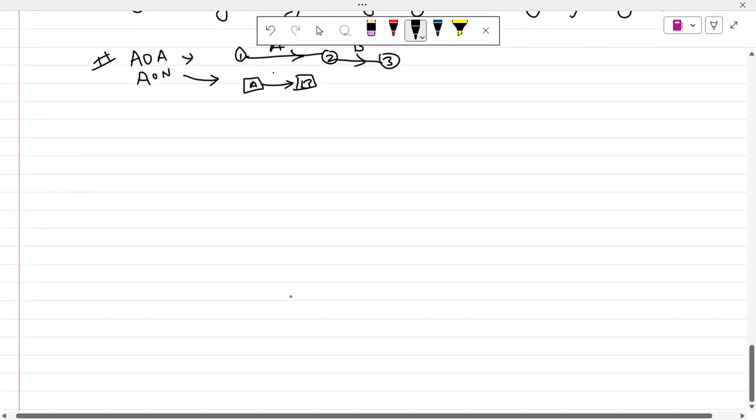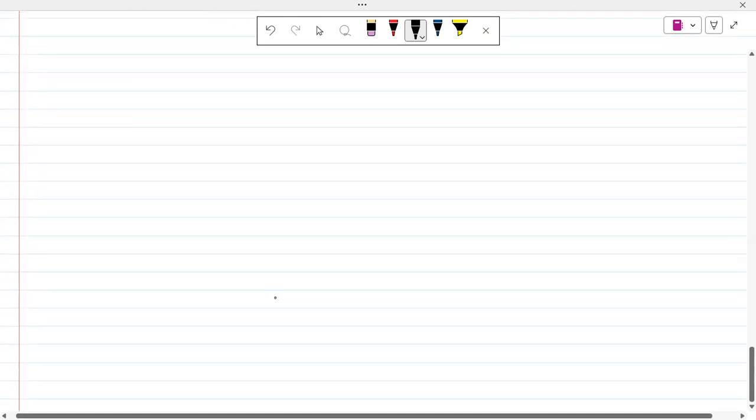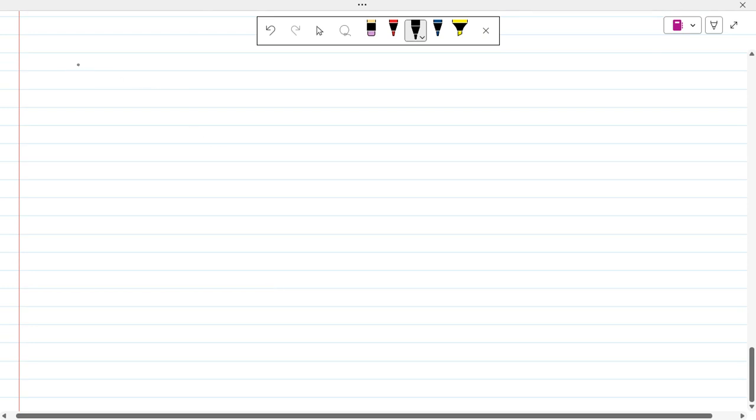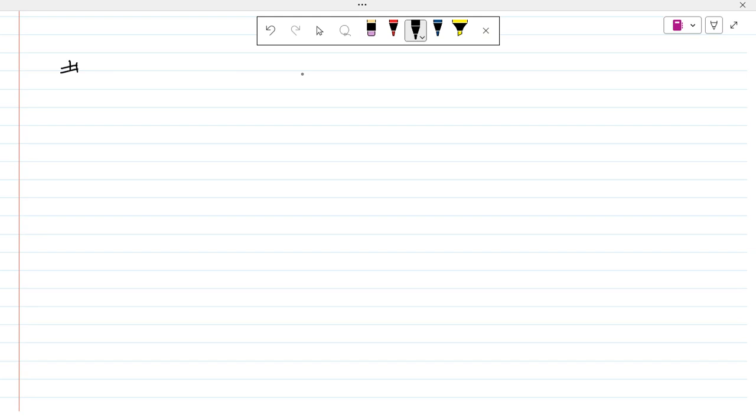Now let us take an example of the AOA network, activity on arrow. In that case, let us be familiar with some basic terminologies. Suppose there is a point 1, point 2, or event 1, event 2, and event 3. There are different links. This is a branch of some other network.